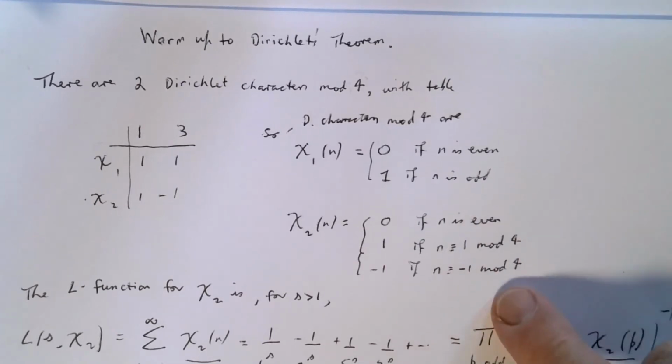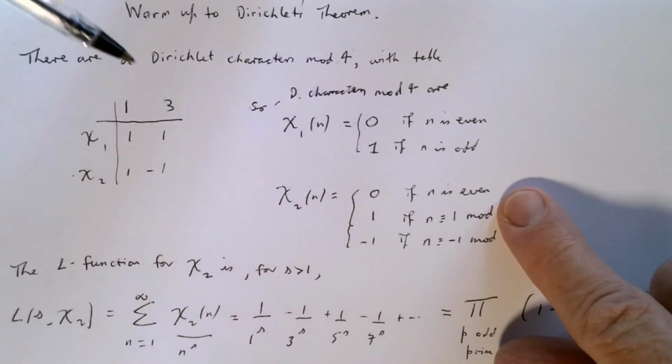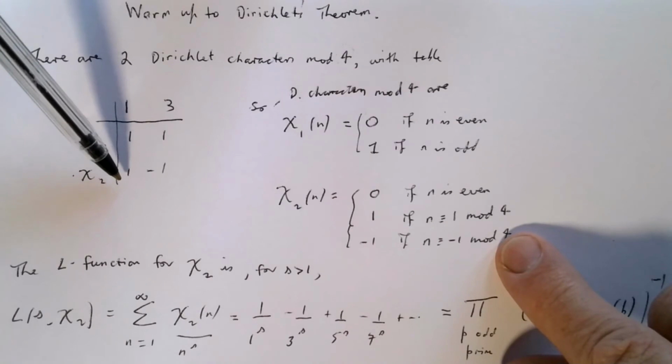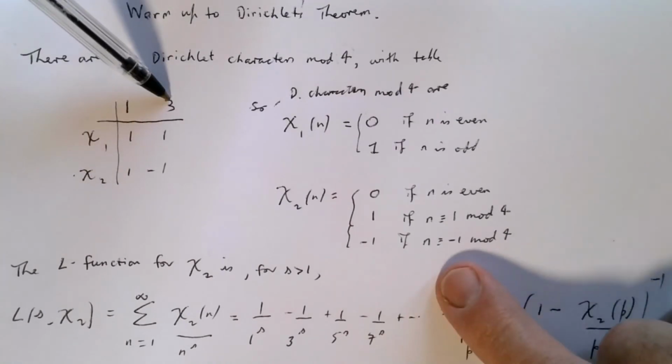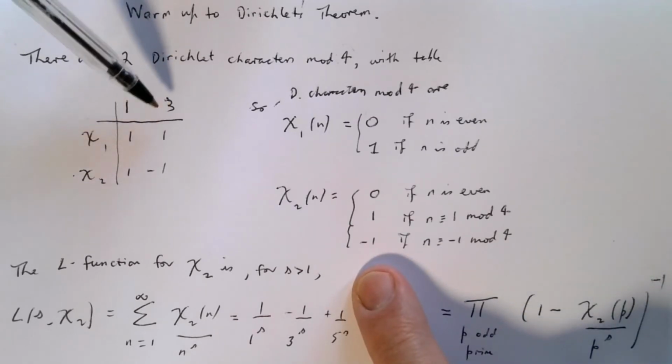Chi2 is a little bit more interesting because again it's 0 if n is even. Now if n is 1 mod 4, then we take the value 1, and if n is 3 mod 4, i.e. minus 1 mod 4, we take the value minus 1 for the Dirichlet character.